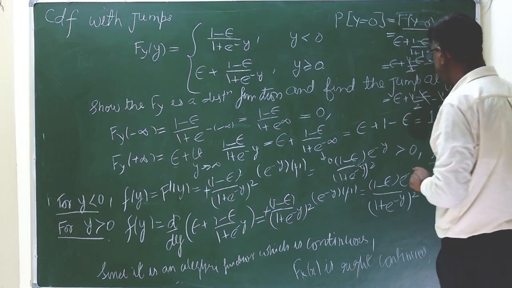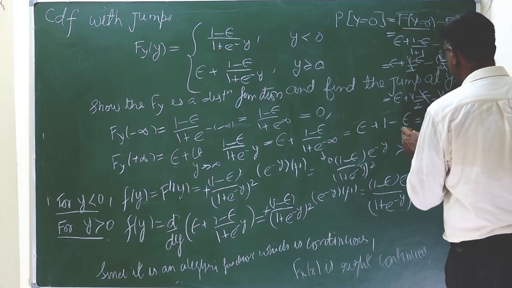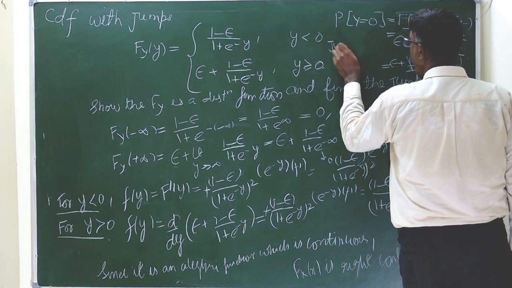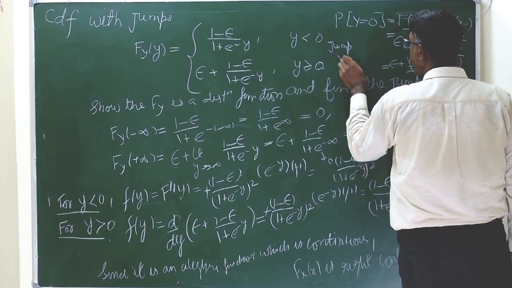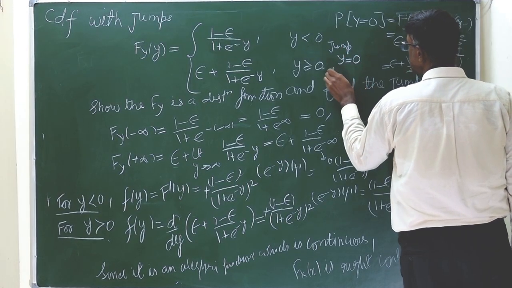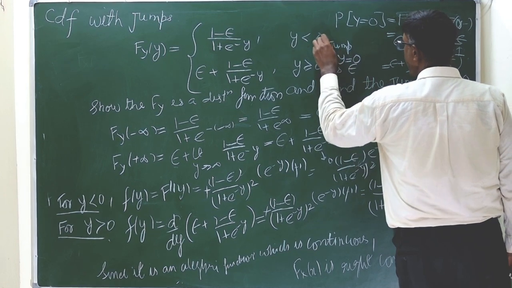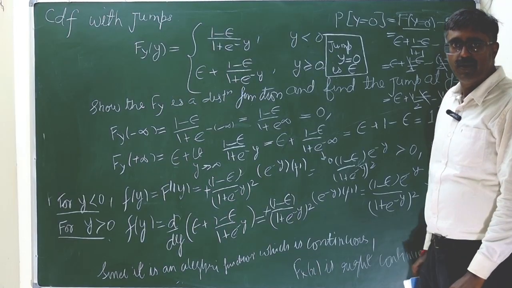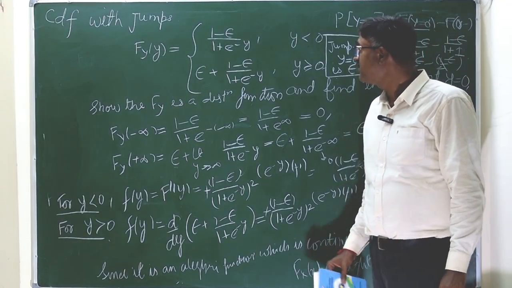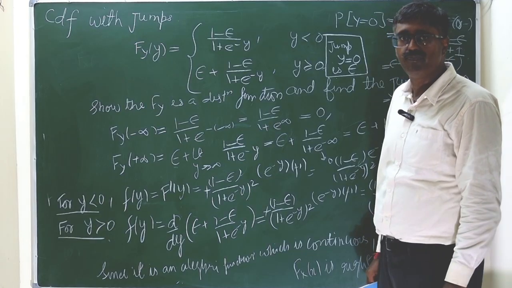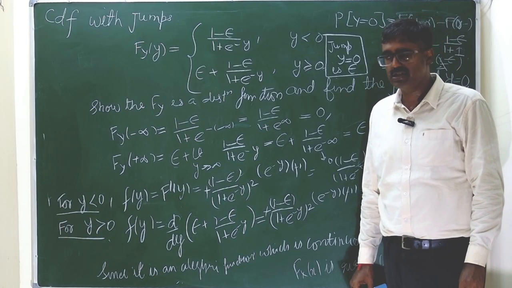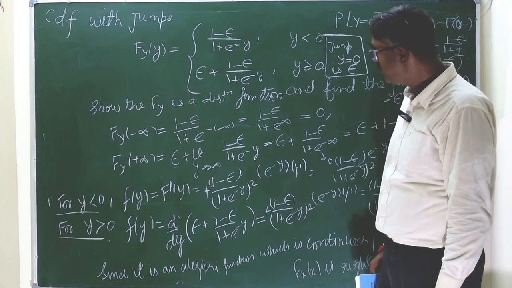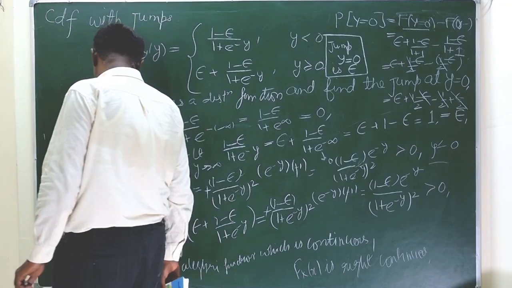We observe that the jump at y equal to 0 is epsilon. So there we find the jump of this distribution function at y equal to 0. This is the second example we have taken. Now we will take some more examples on the distribution function. You can note it down.